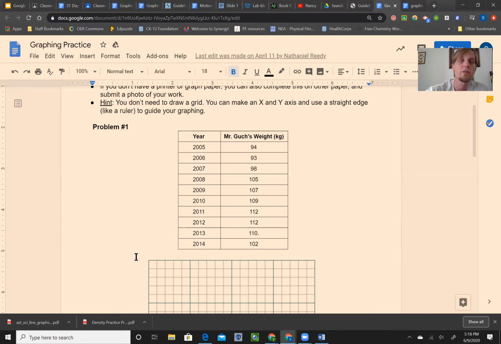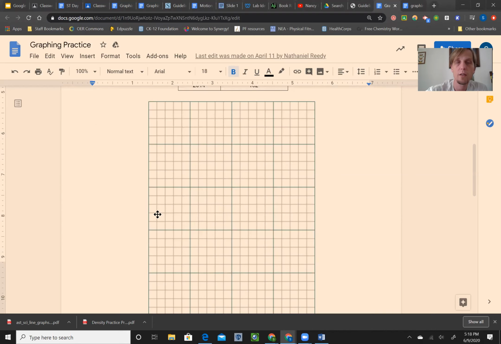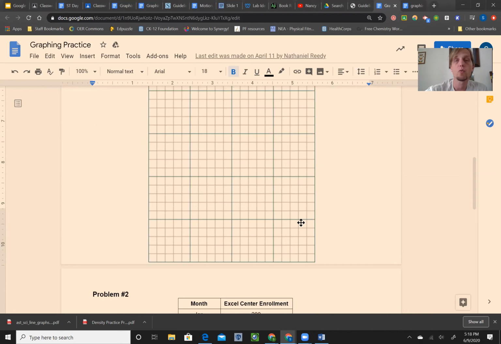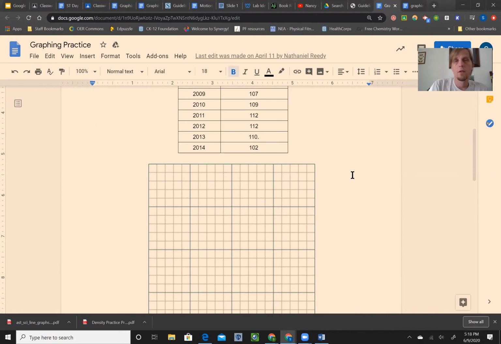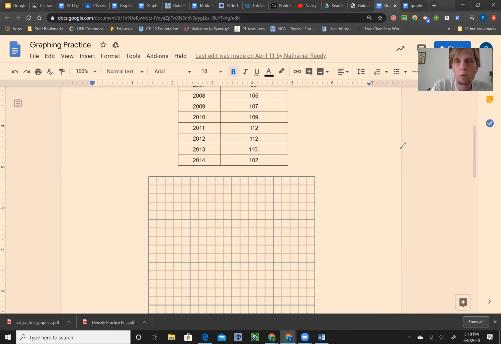Count the squares and divide by the number of squares, and that's the values you would place there. Let me do one. 112 minus 93 is about 20. So we're going to round up to about 20.